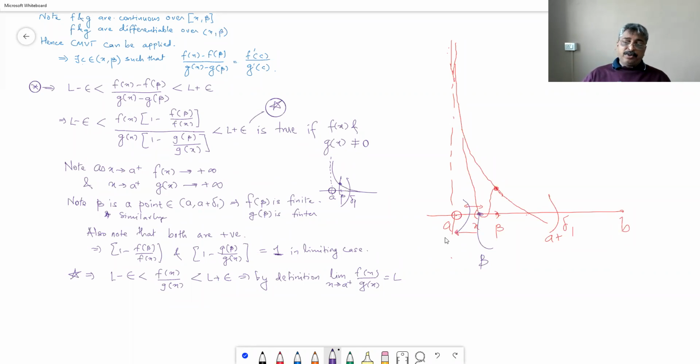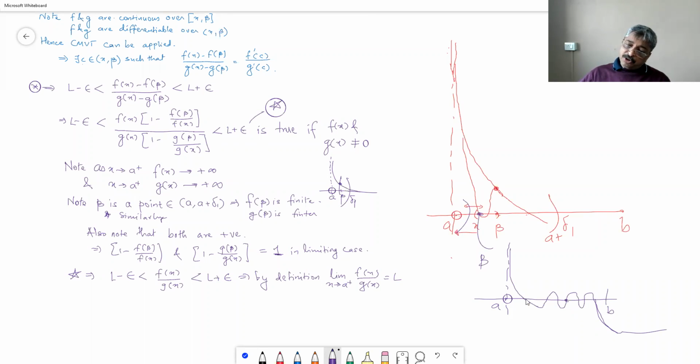But what I am trying to explain you right now is, if the function is asymptotic at A and it is taking different values, and we don't know where it is going after b, this is b, this is a, open interval a, then if you choose this beta, of course there are a couple of points before beta where it can become 0.